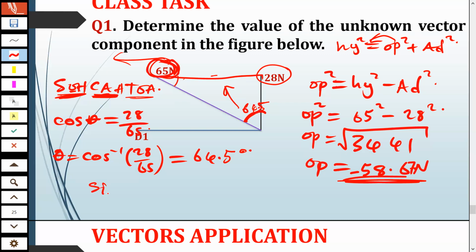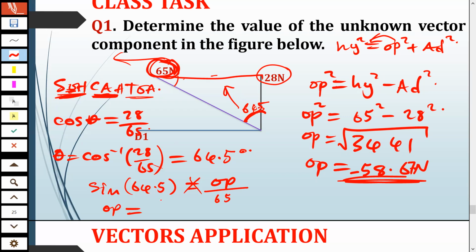So we're going to say sine 64.5 is equal to the opposite over the hypotenuse. The opposite is the one that we're trying to look for, and the hypotenuse is 65 newtons. So when we cross multiply, the opposite will therefore be equal to sine 64.5 multiplied by 65.